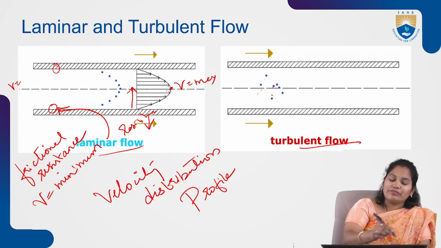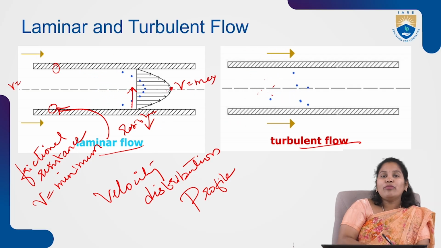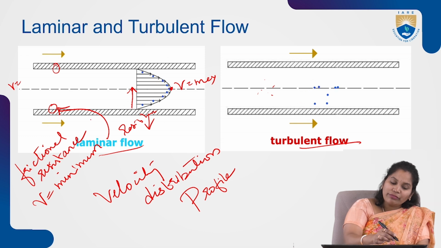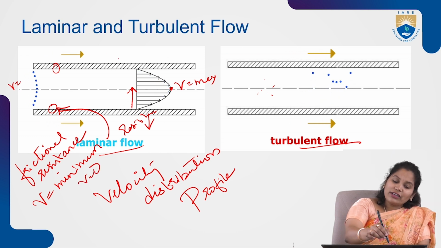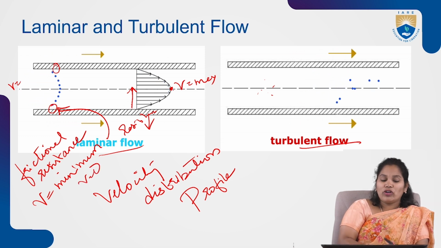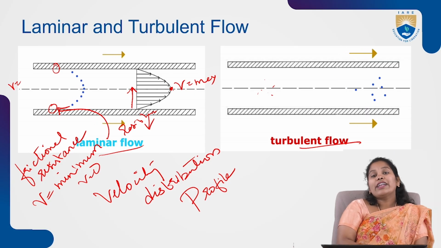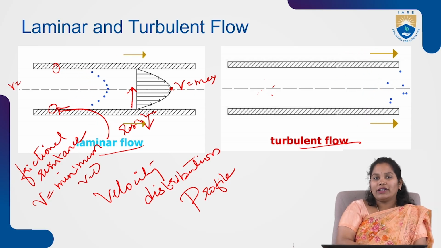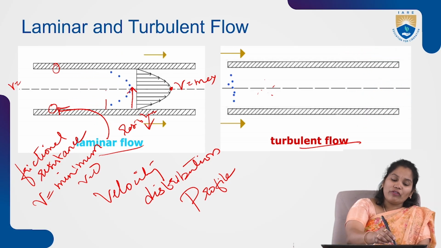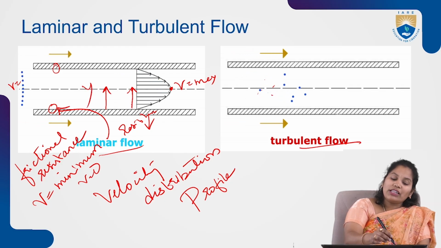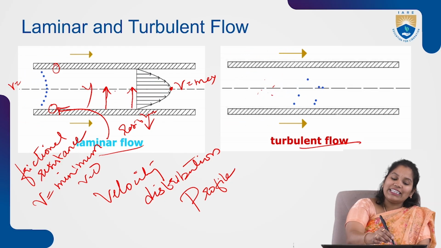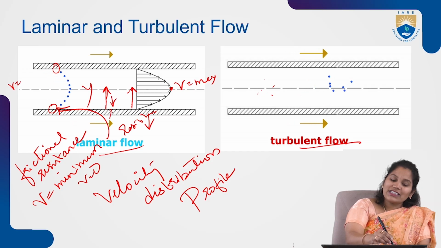At the center, the velocity is maximum. At the boundaries, the velocity is minimum, because of the resistance offered by the boundaries, right? As you move in the y direction, the resistance decreases.